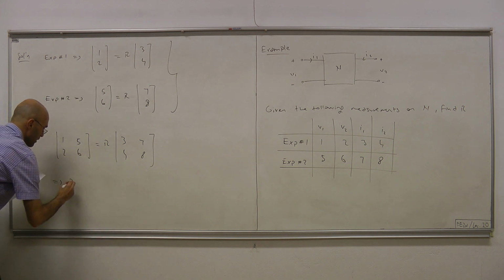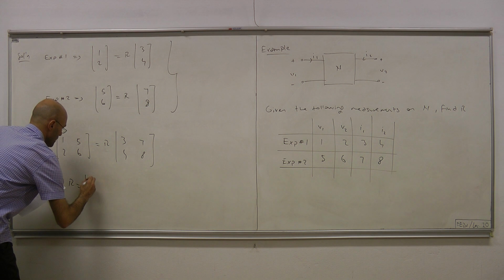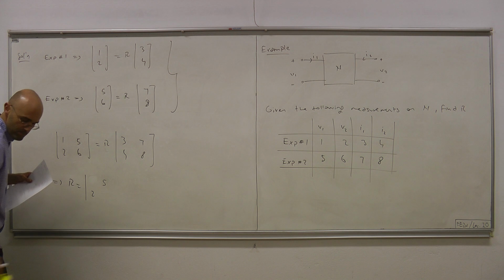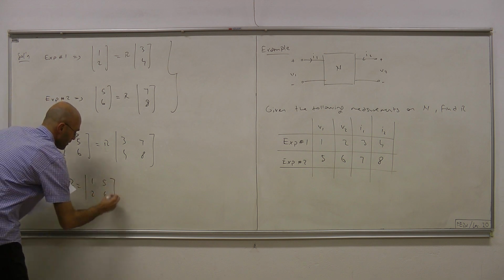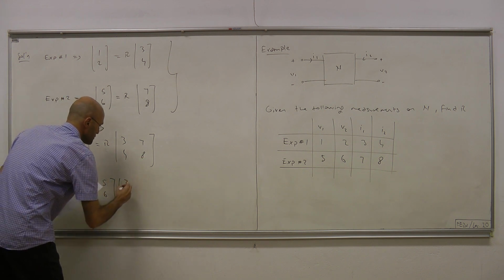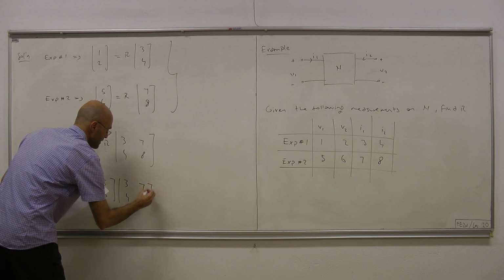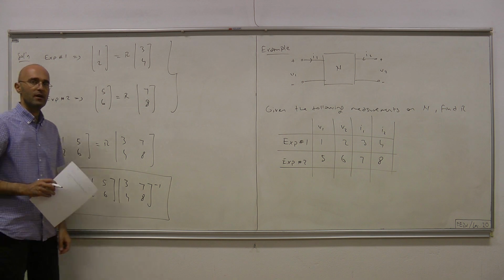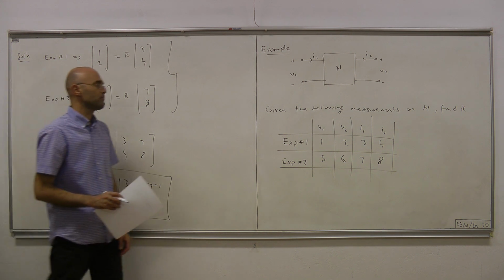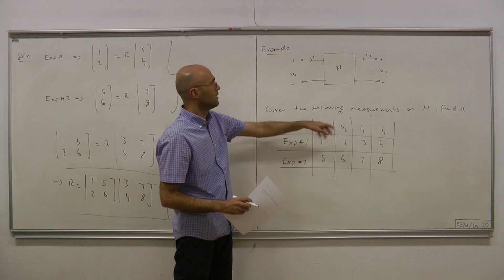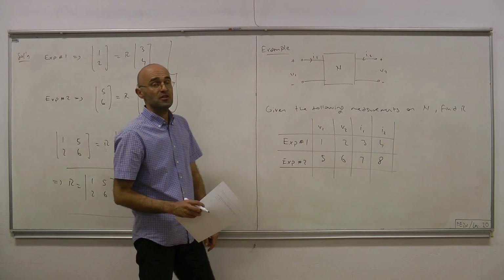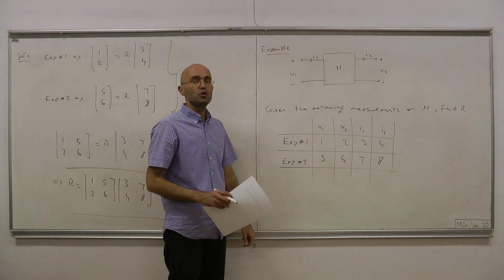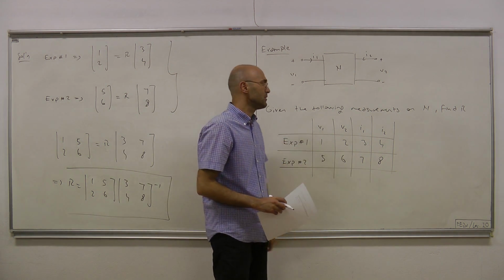Therefore, R equals the matrix 1, 2, 5, 6 times the inverse of this matrix, 3, 4, 7, 8. It's quite easy to figure out any representation, in fact, using the very definition of the representation, if you're given two sets of linearly independent data.